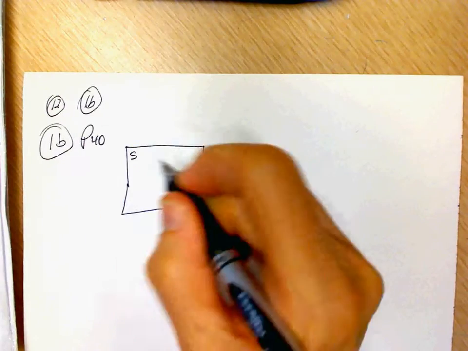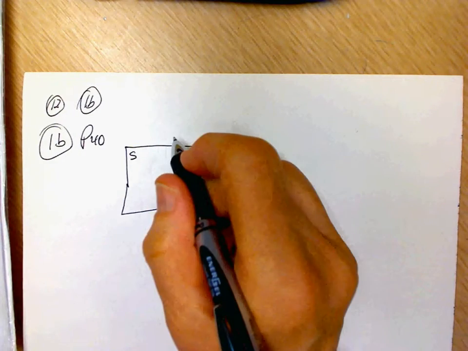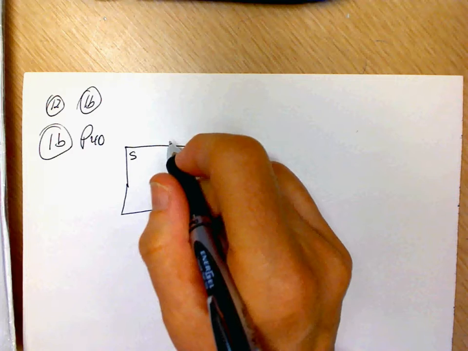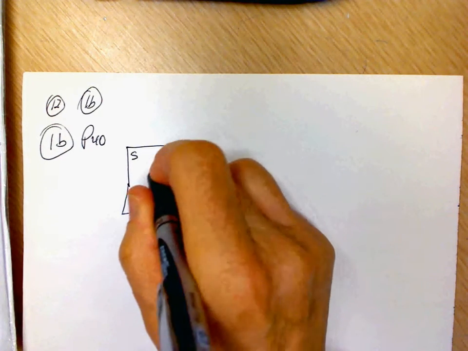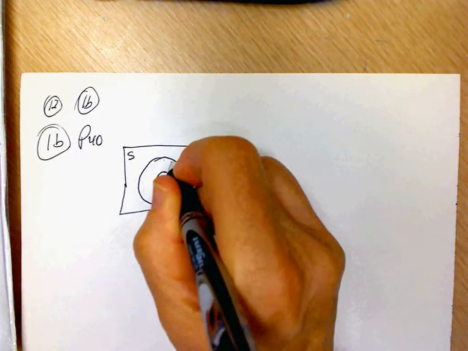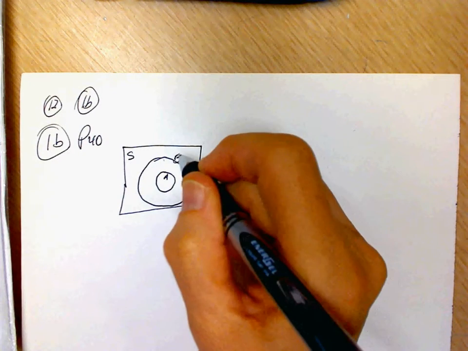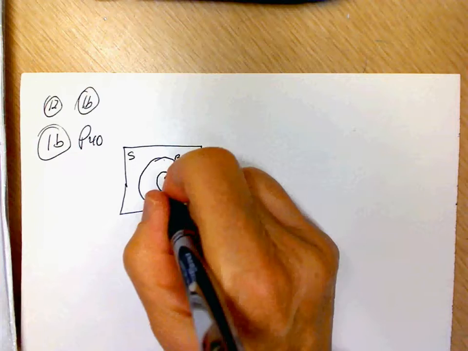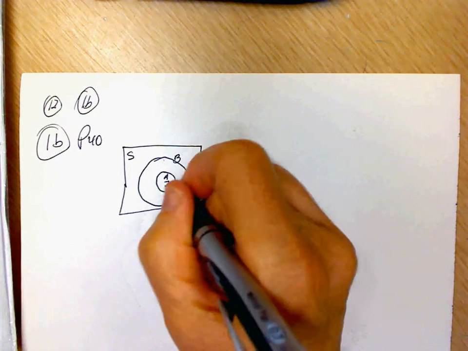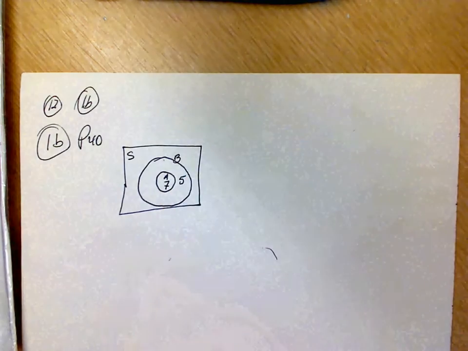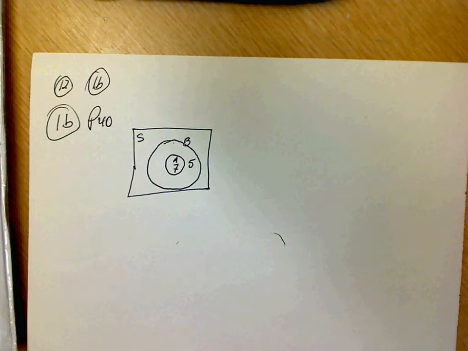We have S just to denote our universal set. They're telling us A is a subset of B, so there's A, there's B. So the number in A is 7, the number in B is 12, so in order to get our 12, we're going to have to add 5 to 7. Okay?